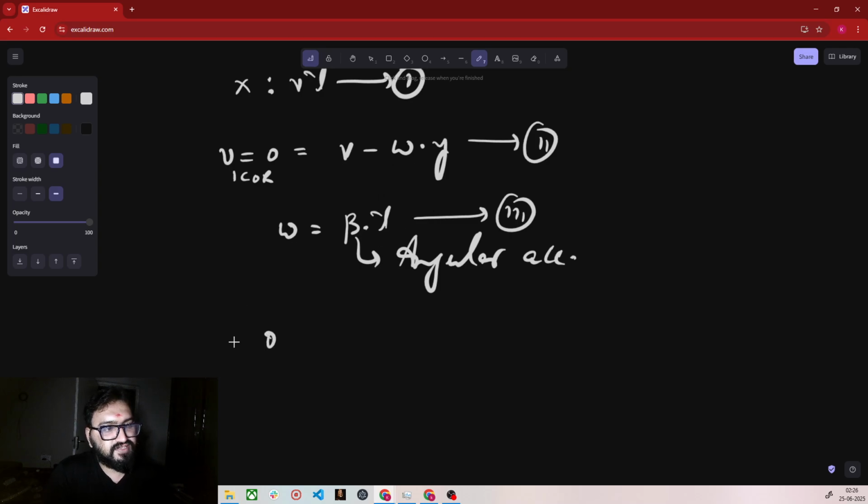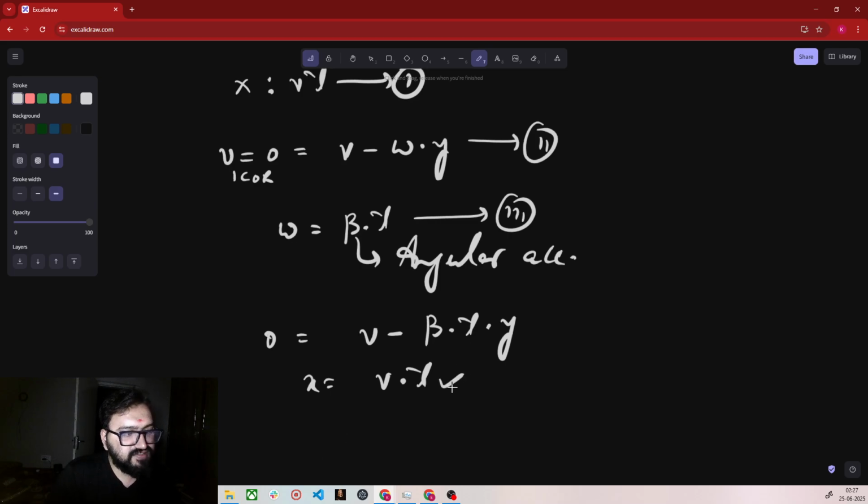So I get 0 equal to v minus omega, that is beta into t into y, and x equal to v into t. From this I can get the value of t as x by v.